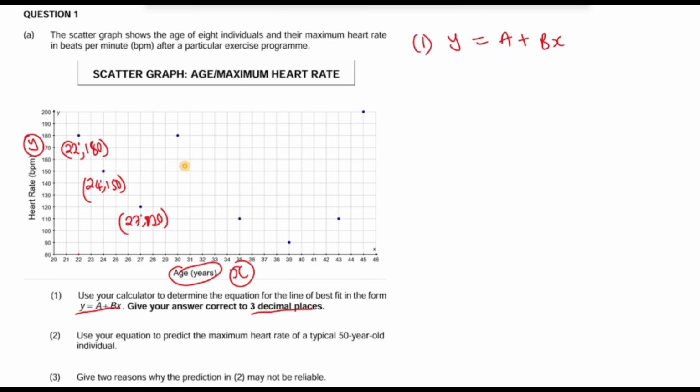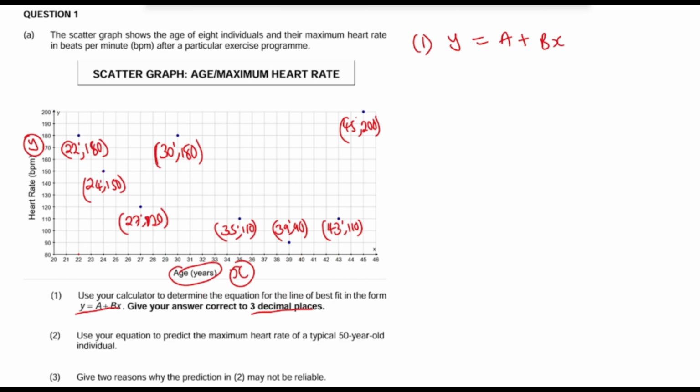And then this one should be 30 and 180. So we can list all the x and y values like this. So we have all the values. Now we have to use our calculator to find the equation of the line of best fit.